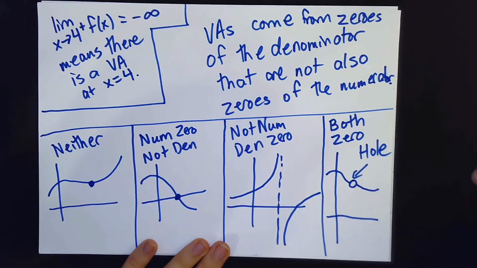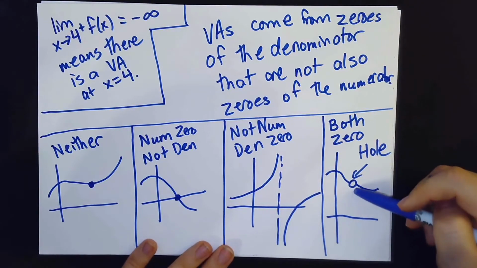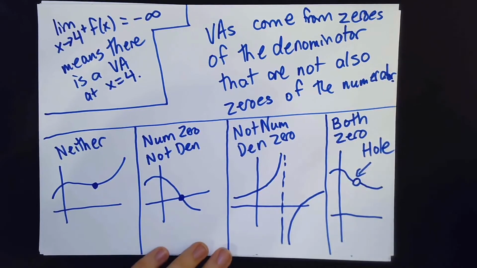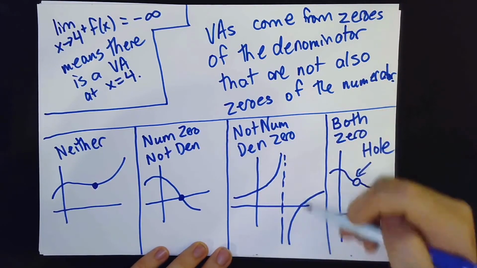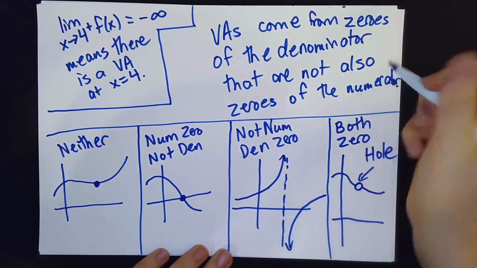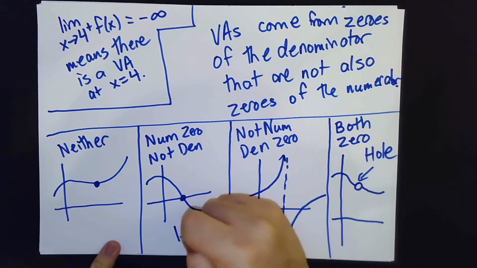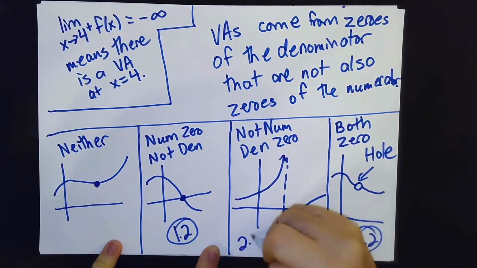Those were all the 0 over 0 style limits. Then, in section 2.4, we started talking about these spikes and deciding when these spikes went up or down. And so we can label each of these: this was in section 1.2, this was in section 2.2, this was in section 2.4.